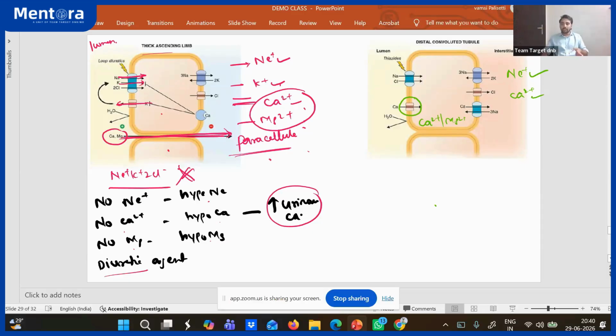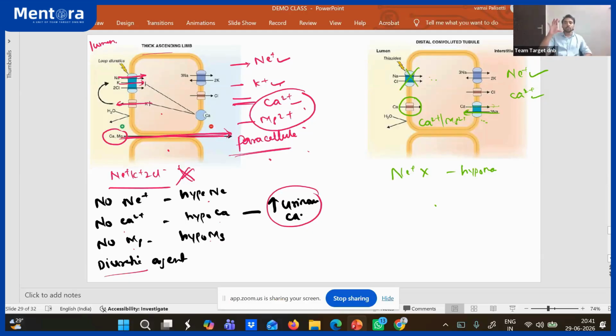Okay. Now let us see what is going to happen in Gitelman syndrome. So in Gitelman syndrome, there is no sodium chloride pump. Because there is no sodium chloride pump, no sodium is absorbed. So there is hyponatremia. Now the thing that happens: if no sodium is getting absorbed into the cell, the cell has to take some sodium because for survival it needs sodium. So it will take sodium from the interstitium here. If you see this pump here below, that will take sodium into the cell from the interstitium in exchange of calcium. Understood?